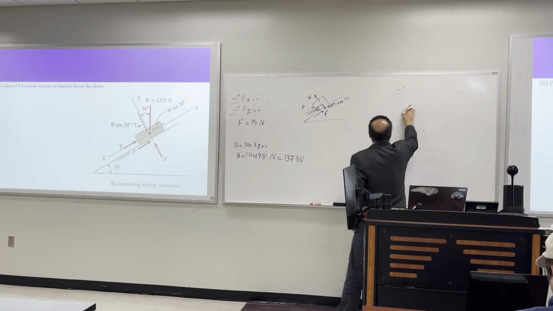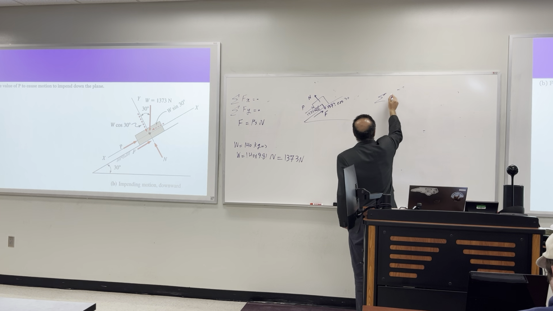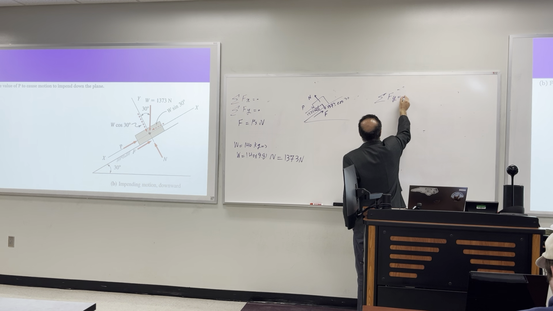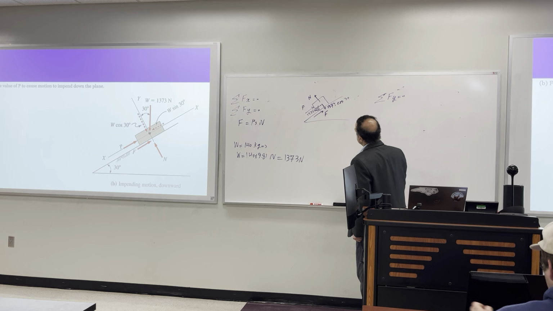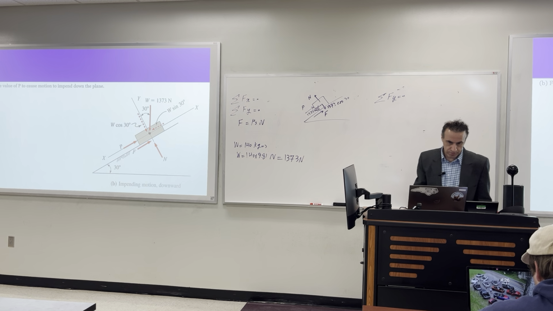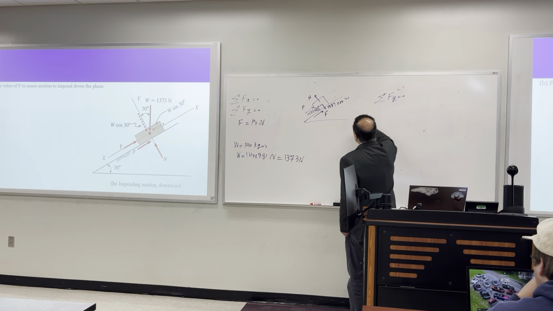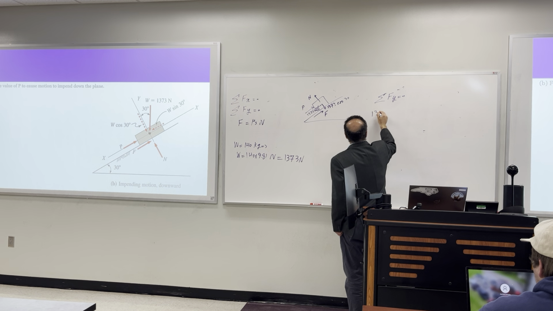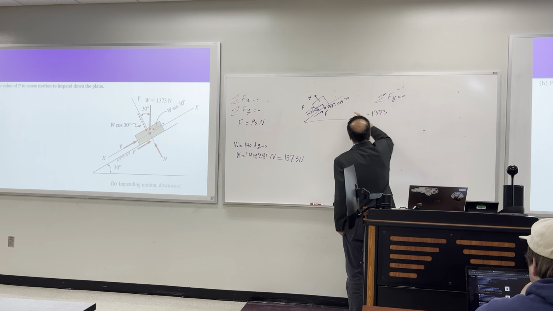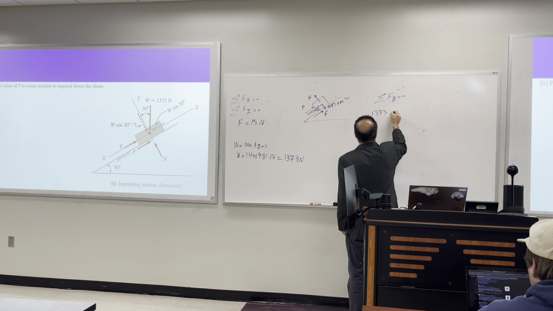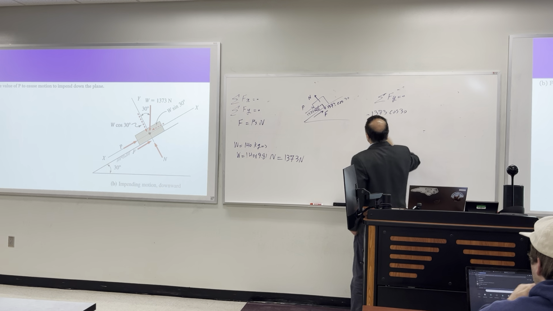Okay. Again, use this equation, Fy equals 0. What do we have? 1373, it's coming from the weight, cosine 30.